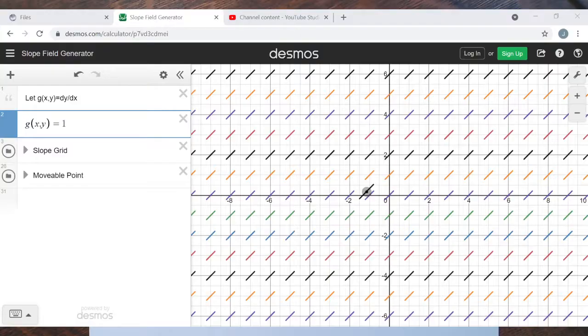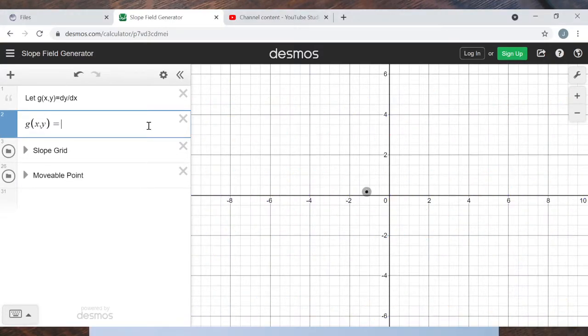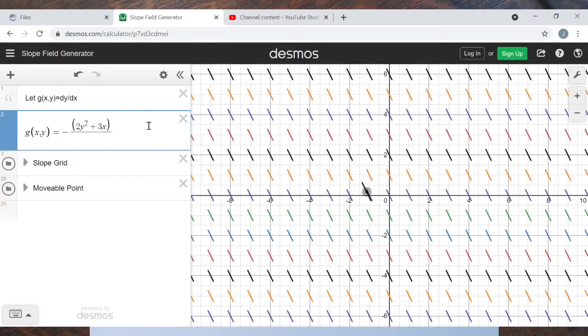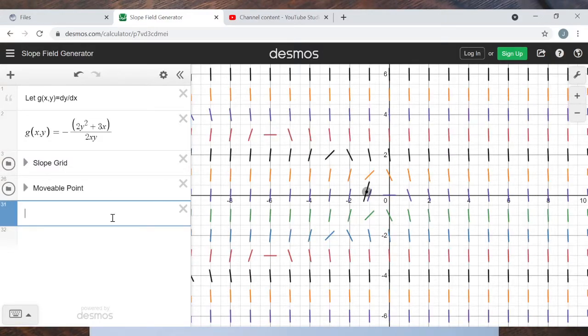So I'll bring that up. Remember, I've had this up in other videos before as well. So let's put in that expression. We have the opposite of the quantity 2y squared plus 3x divided by 2xy, and hopefully a decent slope field comes up.